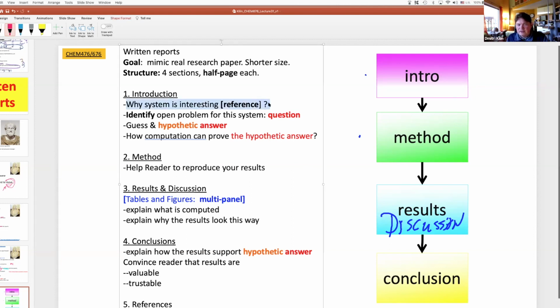So why the system you are studying is interesting, I'll give a reference. Then the next sentence: identify an open problem for the system. Formulate a question. It is completely okay to make up this sentence.